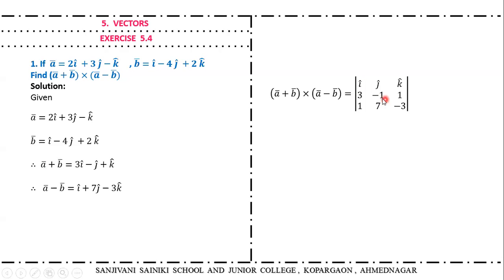So i into minus 1 into minus 3 is plus 3, minus 7, minus j cap into 3 into minus 3 is minus 9 and 1 into 1 is 1, so minus 1 plus k cap 3 into 7 is 21 and 1 into minus 1 is minus 1, so minus of minus becomes plus 1. So you get the vector as minus 4i cap plus 10j cap plus 22k cap.